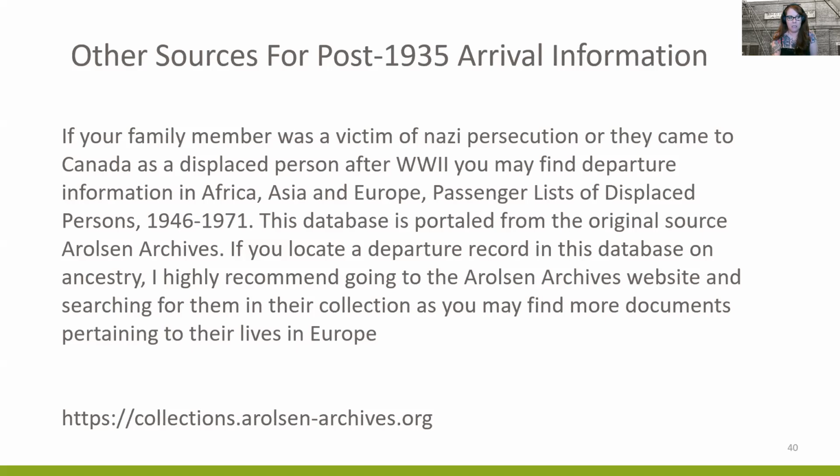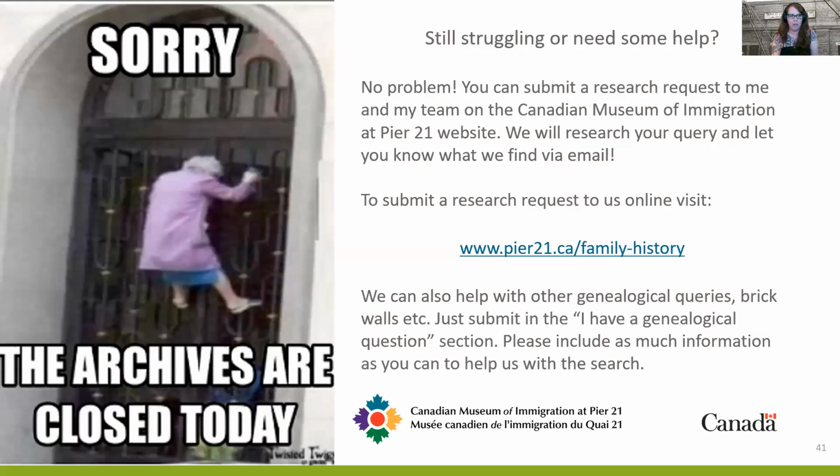And there's also registration cards, lots of registration cards. So you might find more information at Arolsen Archives. And also you have the opportunity to submit a research request to them. Not everything's digitized for them yet, so they could have even more information in Germany for your family member. So yes, if you find anything in the database on Ancestry, go to Arolsen Archives and take a look there.